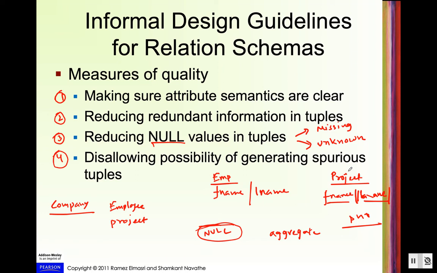There could be a possibility, for various reasons, that a design creates spurious or wrong tuples for some join operation, aggregate function, or some other type of operation. In that case we should be careful. We do not allow any kind of possibility that can generate spurious or wrong tuples, or misinformation.